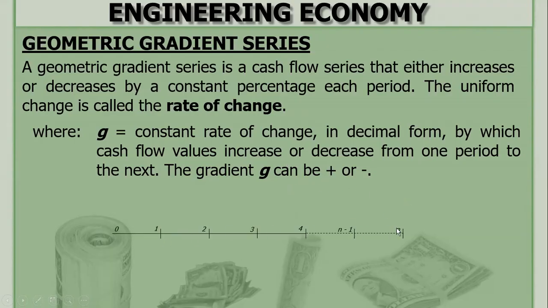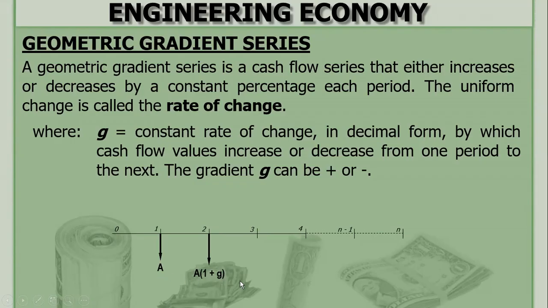So for this sample, the cash flow for the first period is A. For the second period, it's A times 1 plus G. Kaya ang increase niya is if you distribute, A plus AG. AG is ang increase, certain percentage sa previous na payment man. Okay?